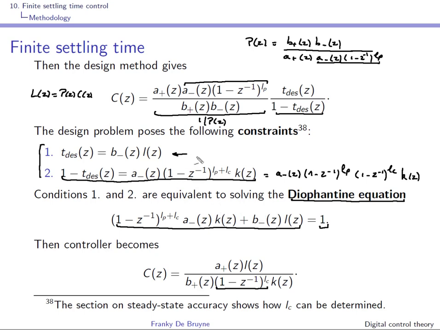If you inject this one in here, and this one over here, and we do all the cancellations, we end up with a controller that is this one, where L and K come from this Diophantine equation. They are the solutions of this Diophantine equation.